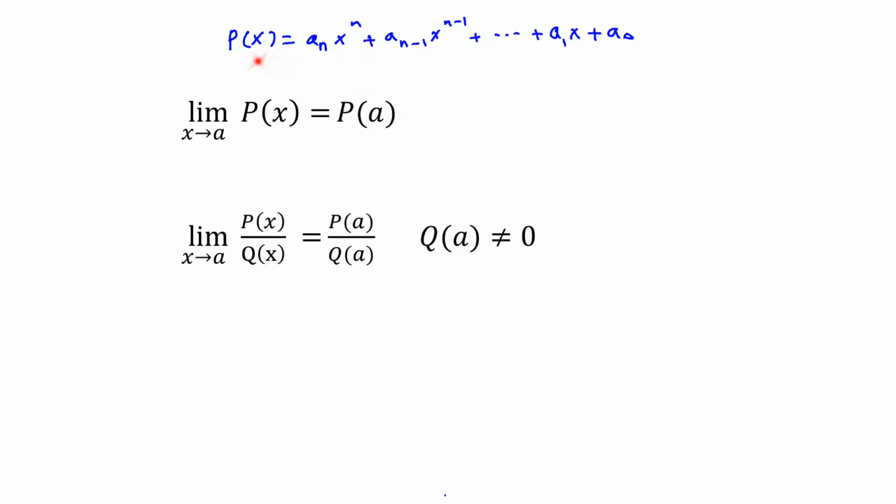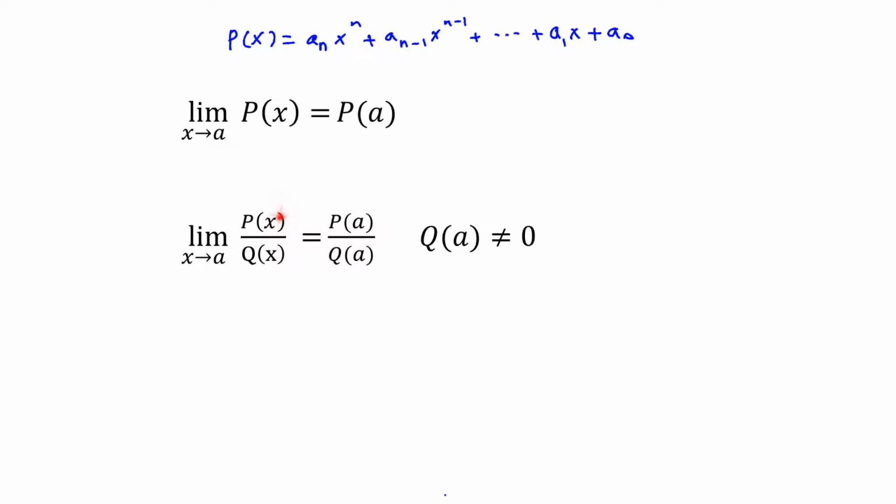Later on we say polynomial functions are continuous, and for continuous functions, the limit and the value of the function are the same. In other words, the limit of p of x as x approaches a is p at a, as we mentioned earlier.